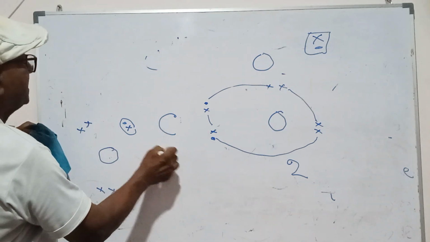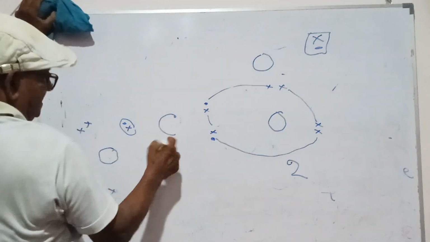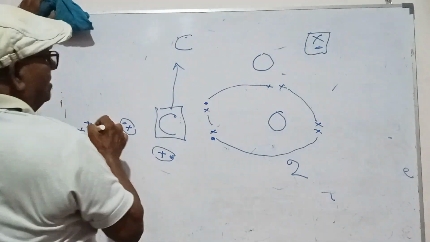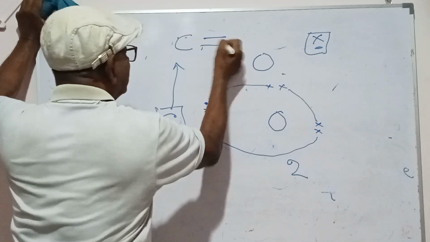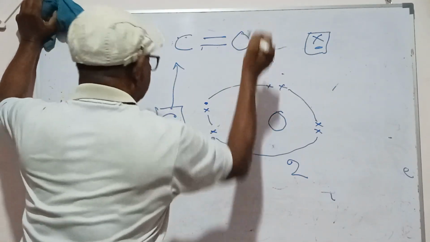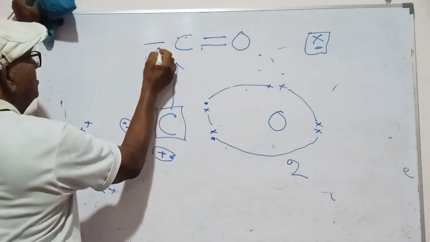So it is clear that this carbon forms 2 covalent bonds with this oxygen, and 2 covalent bonds with the other oxygen.